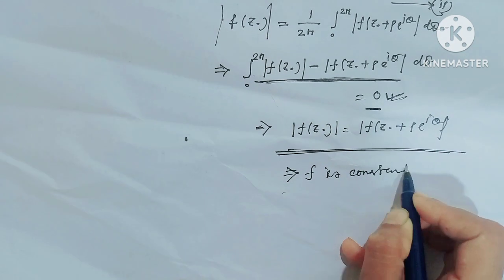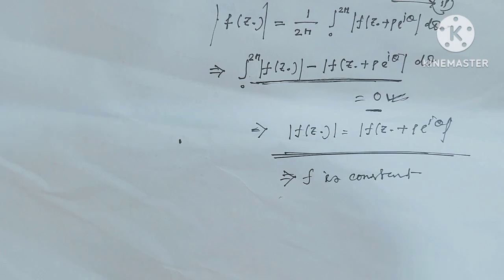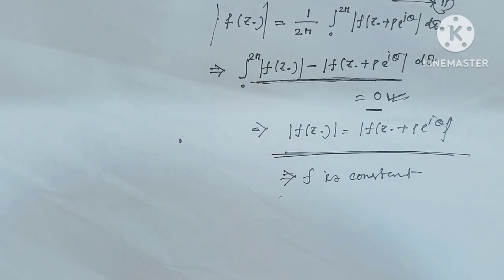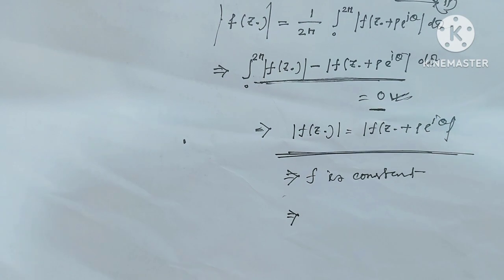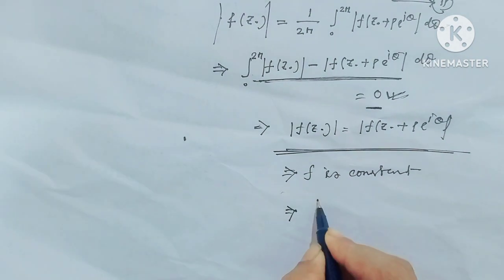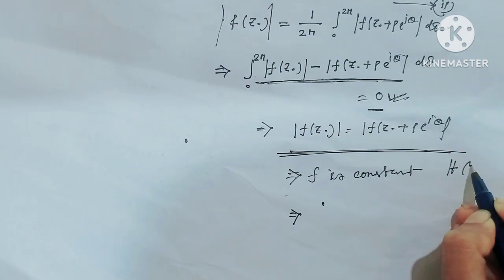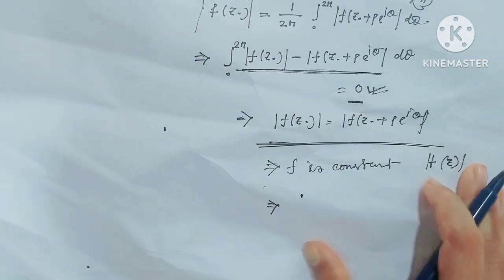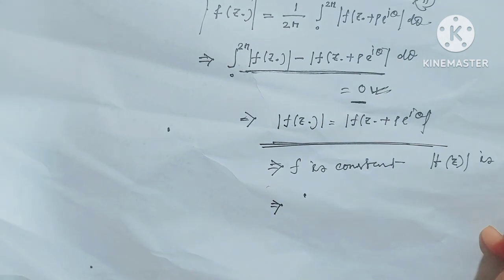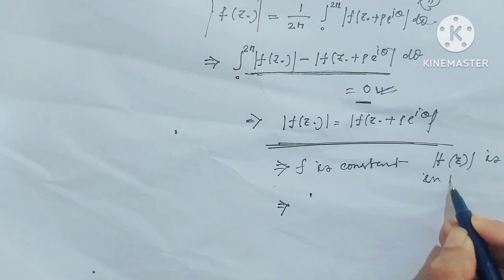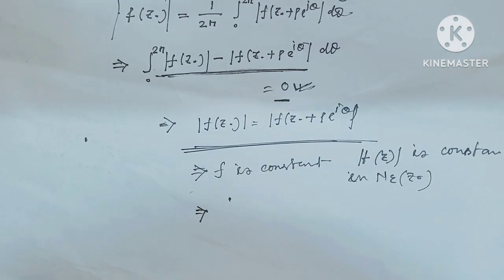I hope all my viewers have understood the maximum modulus principle and its proof. That means f is constant, because the modulus of f(z) is constant in the neighborhood N epsilon of z0.